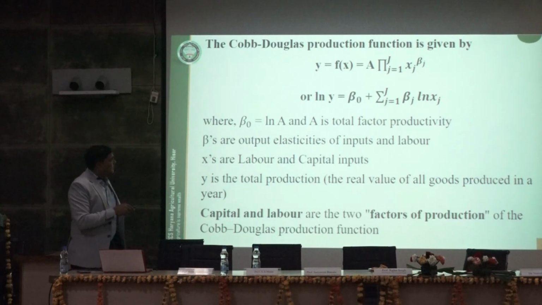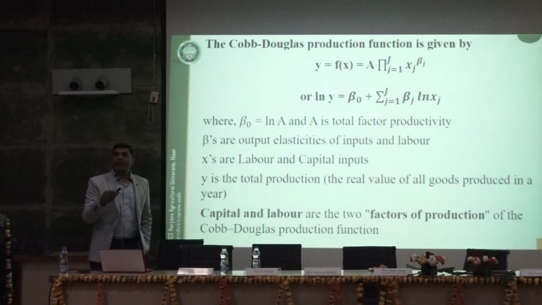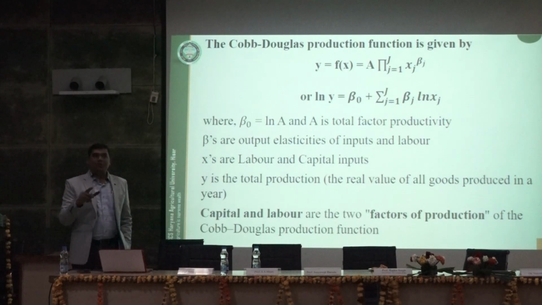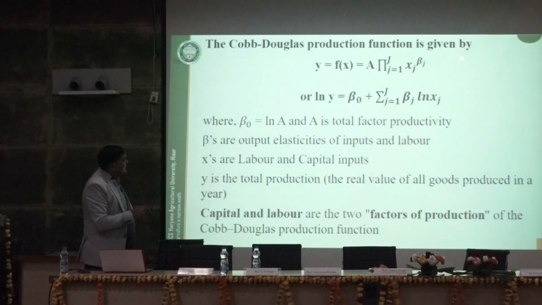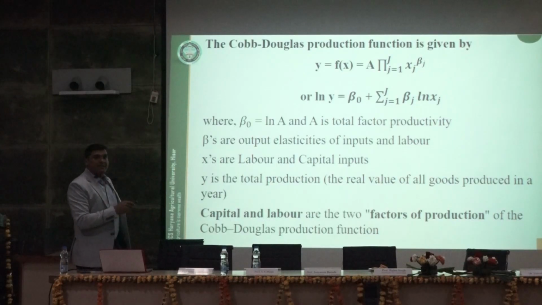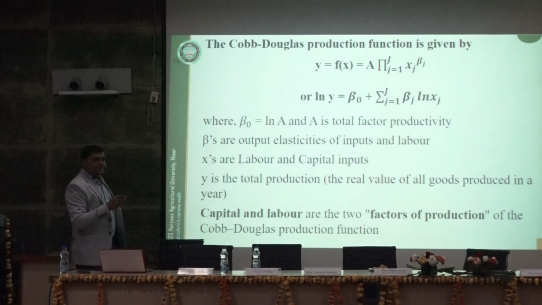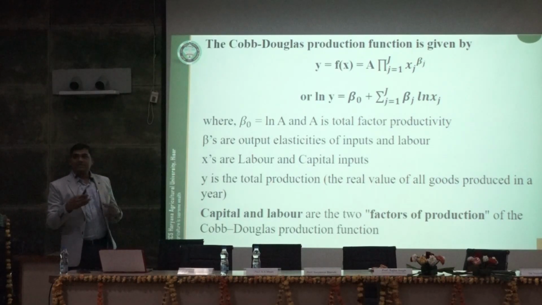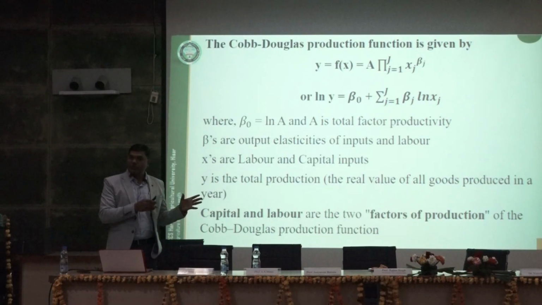There are more than two input variables, so x_j denotes the number of input variables. x1 means the first input variable, x2 means the second input variable, and this beta_j is the coefficient of elasticity. That tells how much the input variable affects the output variable.